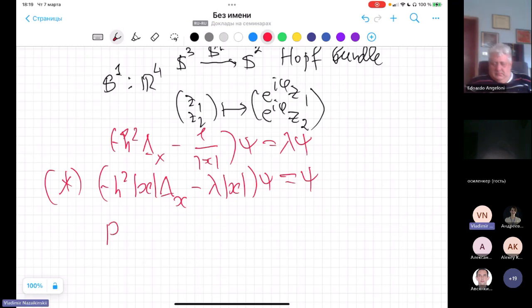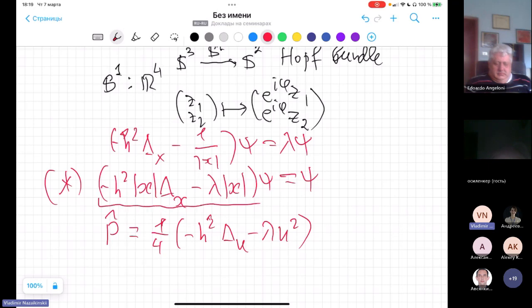Let's denote it by pi, which is 1/4 of minus h squared, the Laplacian in the variable u, minus lambda times the modulus of u squared. So this degenerate operator here is just the trace on the invariant subspace of this operator here.